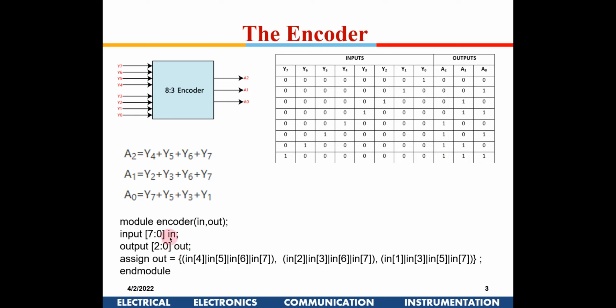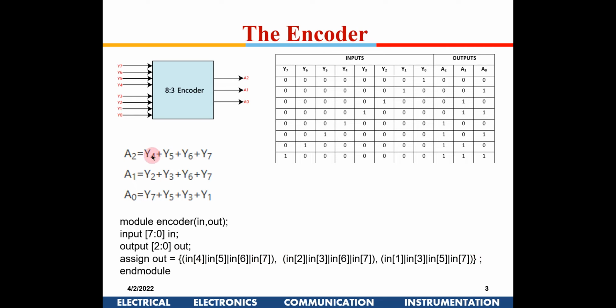Input is 8-bit data, and output is 3-bit data, 0 to 7 and 0 to 2. Out is 3-bit, and input is 7. Then for the output, we are using an assign command. This is like concatenation; we learned how to write a concatenation command in the last class. So it is an OR of in4, in5, in6 and in7.